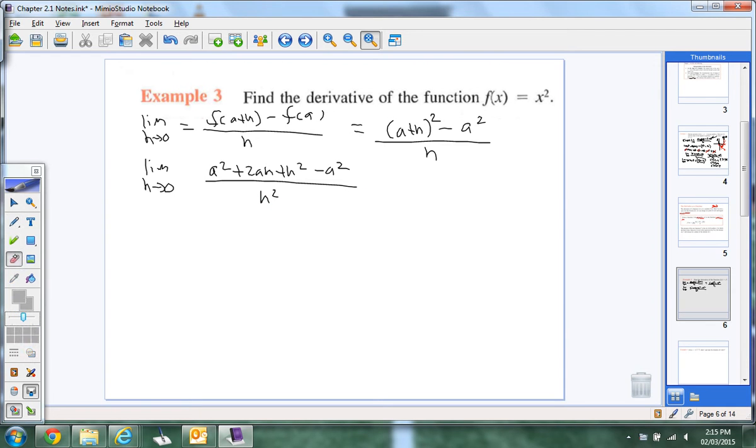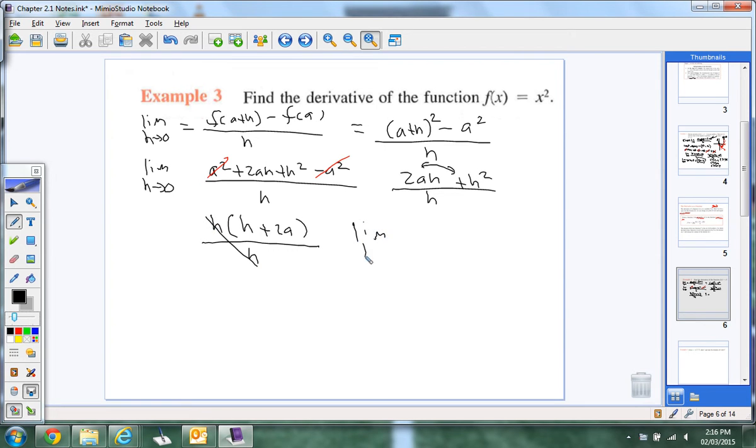Whoops, not squared, just h. Okay, we see that the a squareds are gone. What we have left only has h's, so that's good. So we can pull an h out. So it's going to be h times, I'm going to switch these here, like so. The h's cancel.